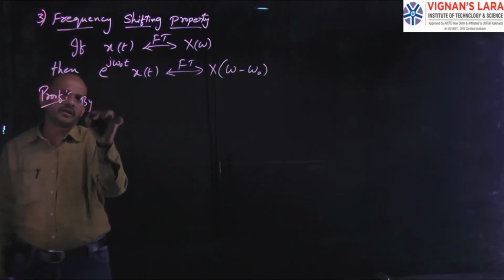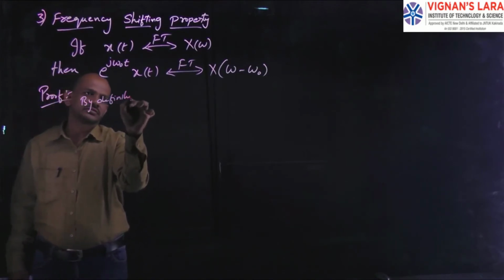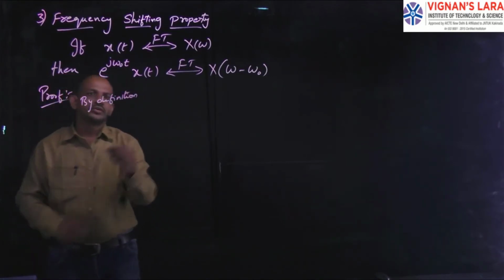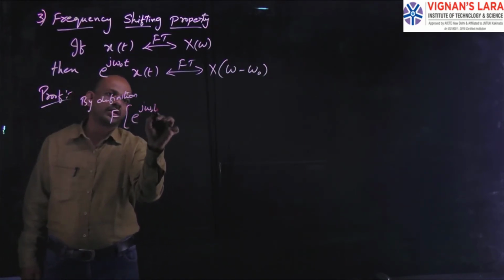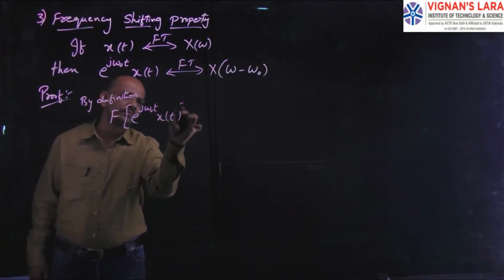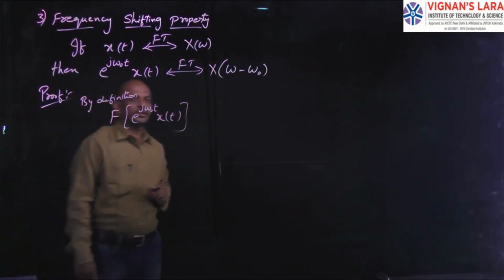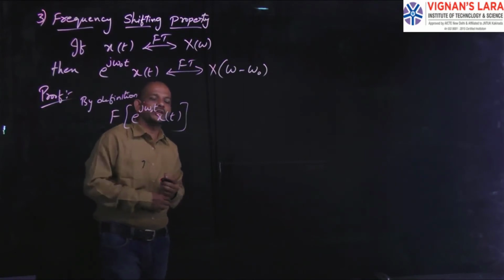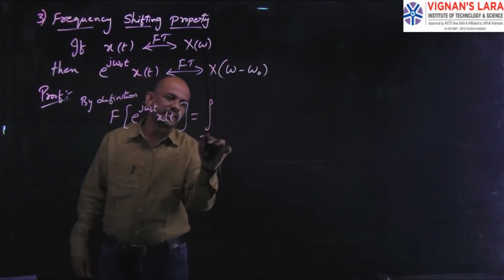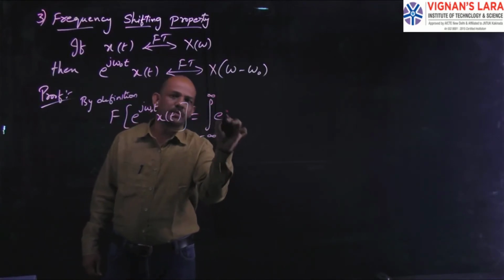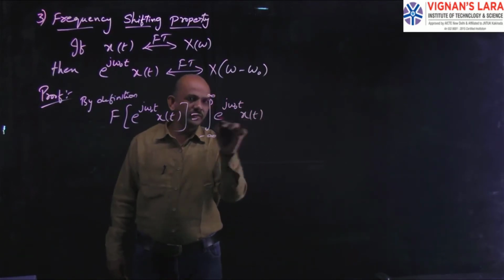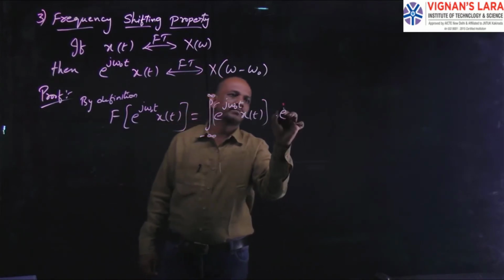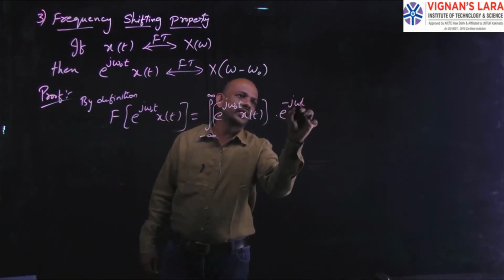Simply, by definition, we know that the Fourier transform of e power j omega naught t into x of t will be equal to integral minus infinity to infinity e power j omega naught t into x of t into e power minus j omega t dt.